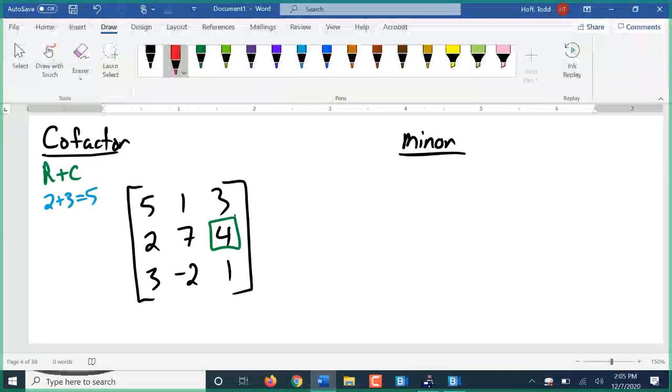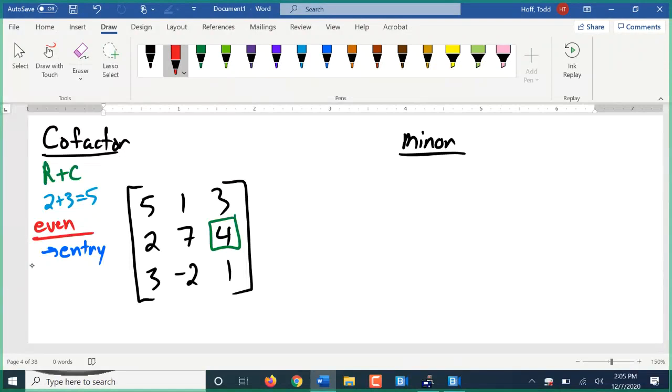If that number were even, R plus C is even, then the cofactor is just the entry. It's the positive of the entry, or whatever the entry is.